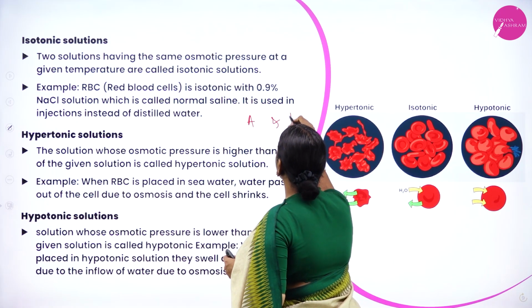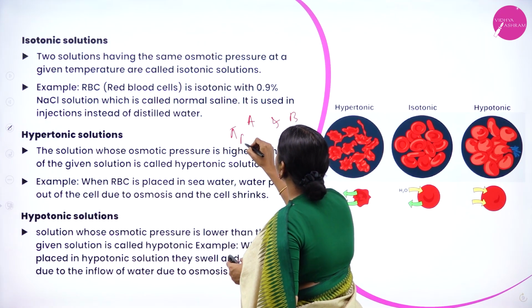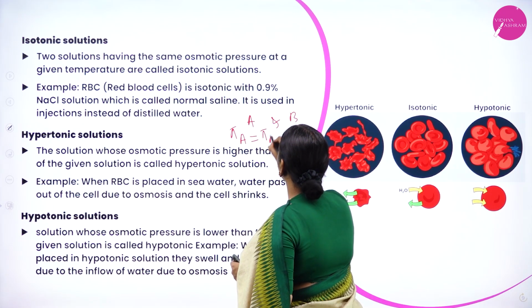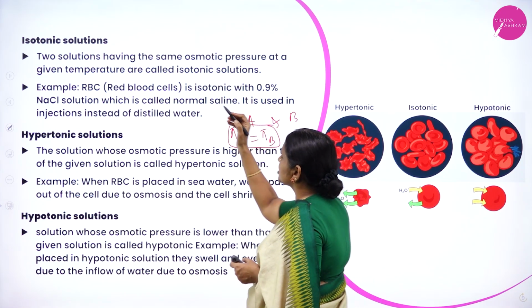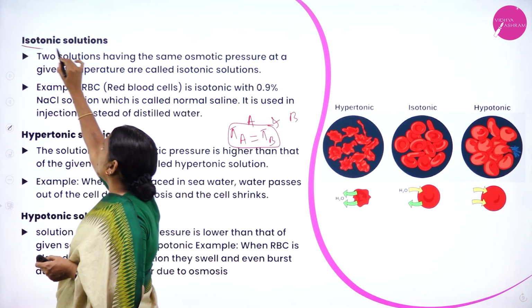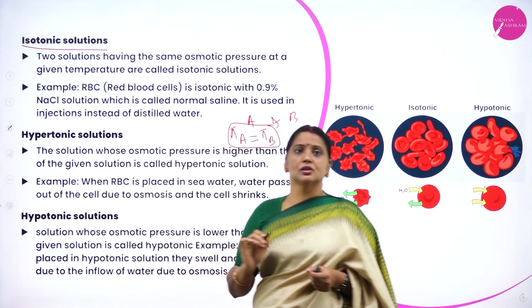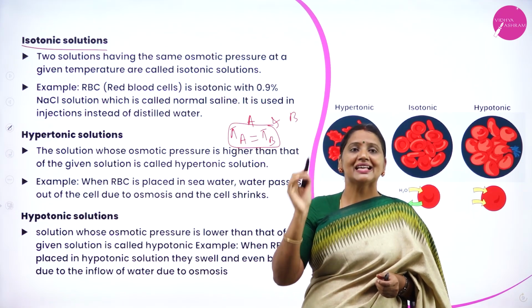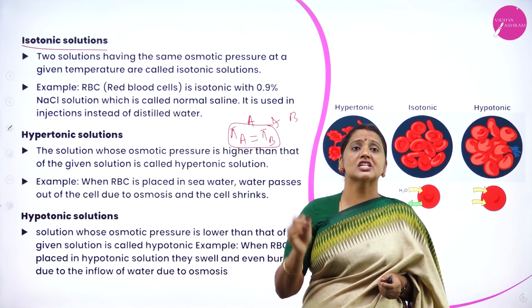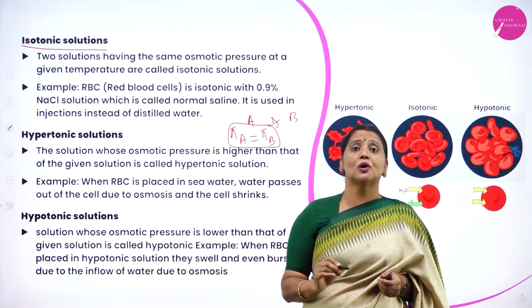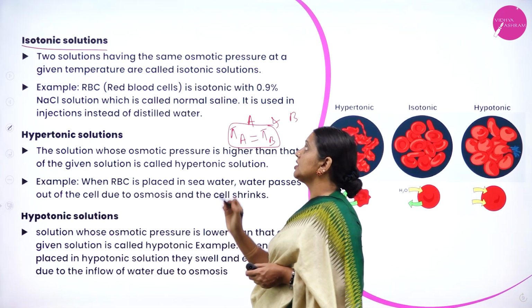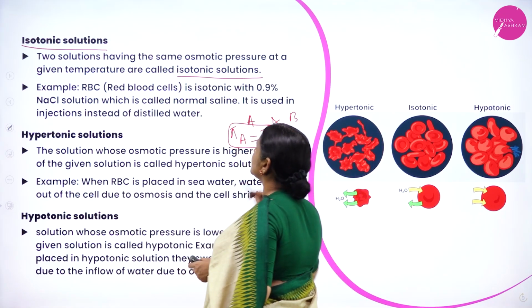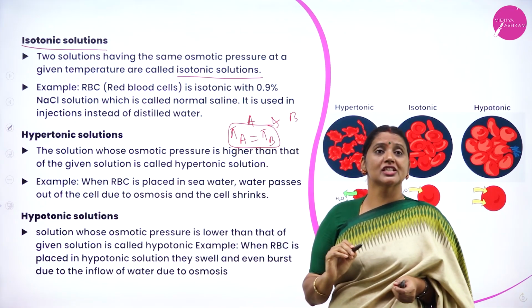Two solutions A and B. When the osmotic pressure of A is equal to the osmotic pressure of B, such solutions are called isotonic solutions. Isotonic solutions are solutions having the same osmotic pressure at a given temperature.